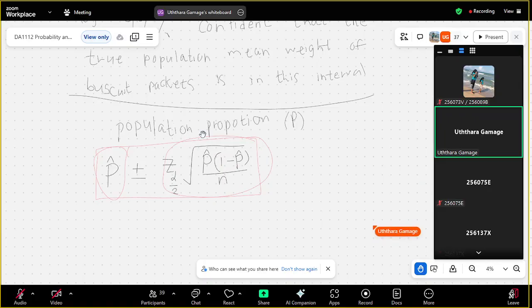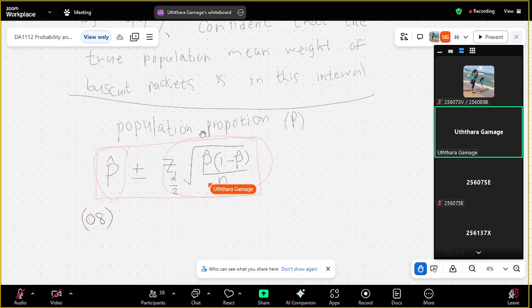Okay. So from question number 8, we have to use this formula, right? Because we are dealing with population proportions, not mean anymore, right? Okay. So first, pay attention to the formula.